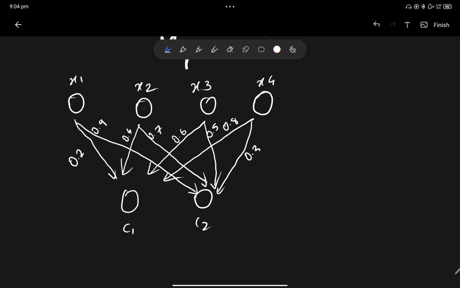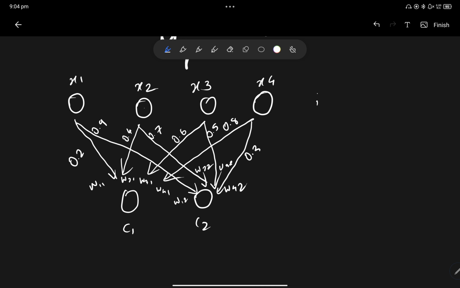We call the weights W11, W21, W31, W41, and here again W12, W22, W32 and W42. Then we have something called input vectors.